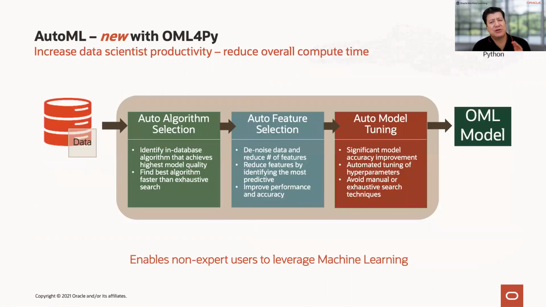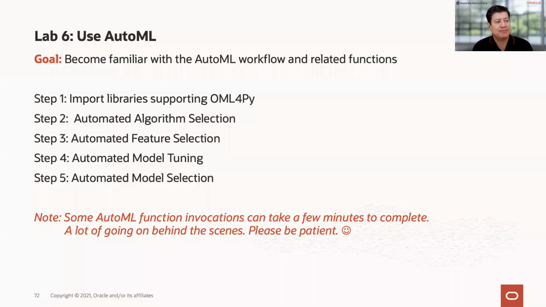So it not only does algorithm selection, but after that it does feature selection for the algorithm that you identified. And then it will run automatic model tuning for that specific model, for the optimal process. So let's take a look at lab 6. I think this one is going to be fun to check out.